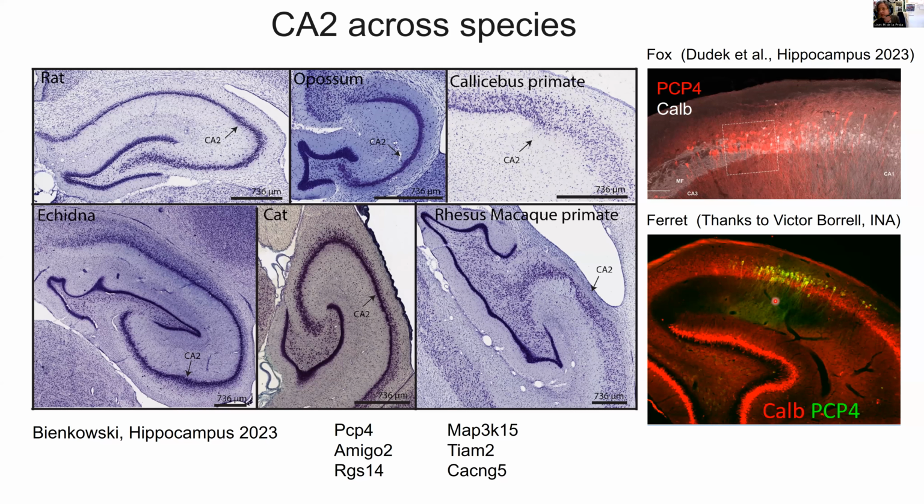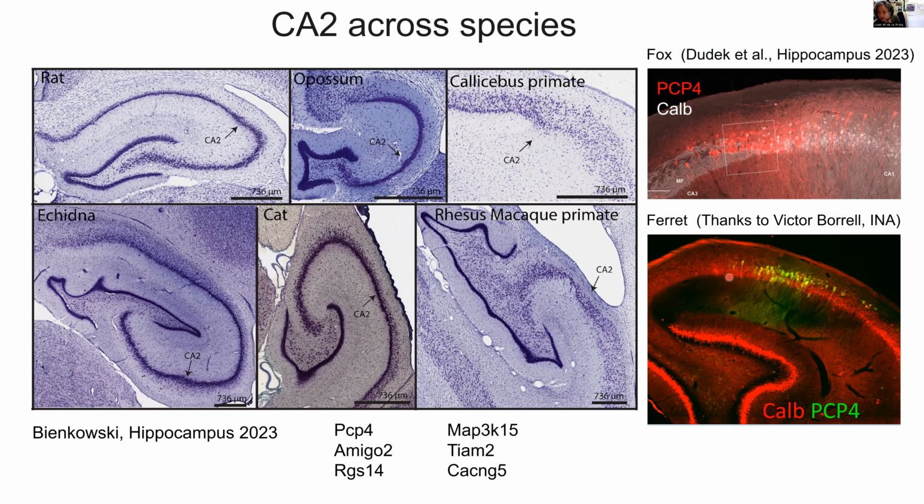We started collaborating with other researchers some time ago, trying to understand this closely. And this is an example from ferrets. We got the sections from Victor Borrell in Alicante, in Spain. He is a specialist in looking at the ferret brain.